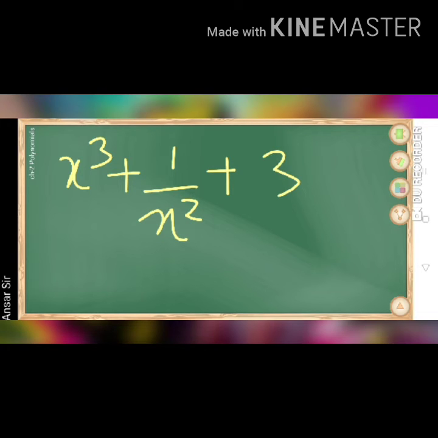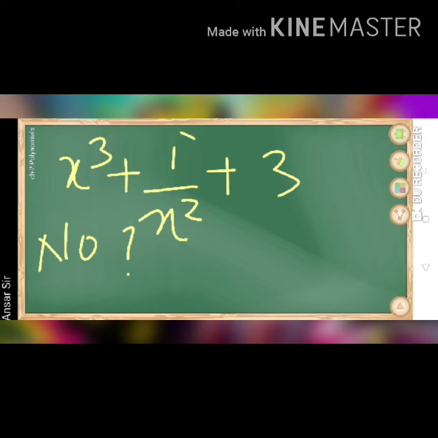Let us discuss some more examples related to polynomials. Student, tell me, is this a polynomial? No. Why?